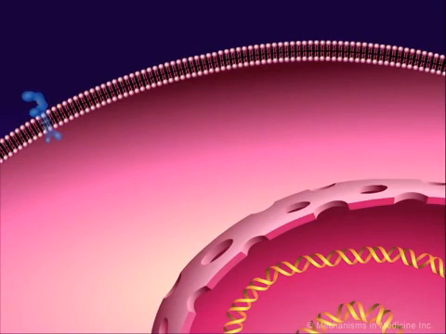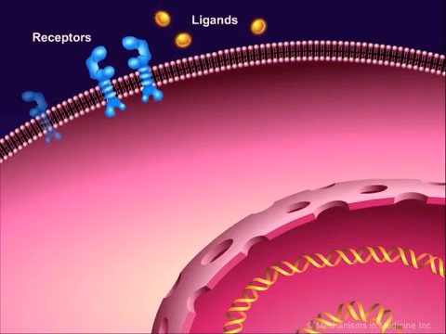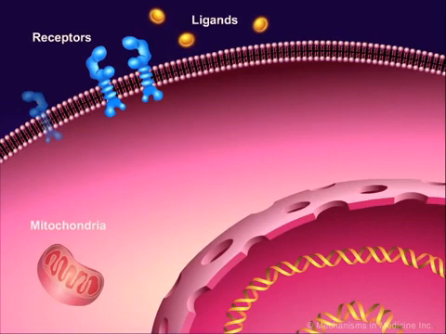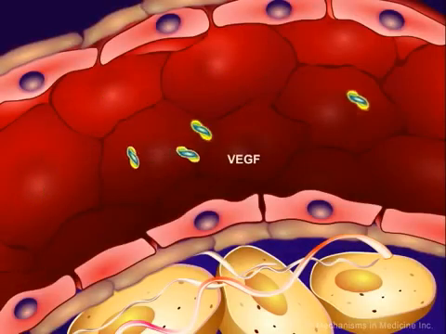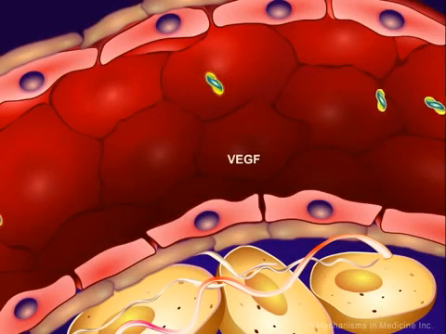Many of the components of these signal transduction pathways are potential targets of anti-cancer therapies. Therapies can target the ligands, receptors, intracellular second messengers, and nuclear transcription factors responsible for tumor growth. Ligands can be neutralized before they bind to the receptors.